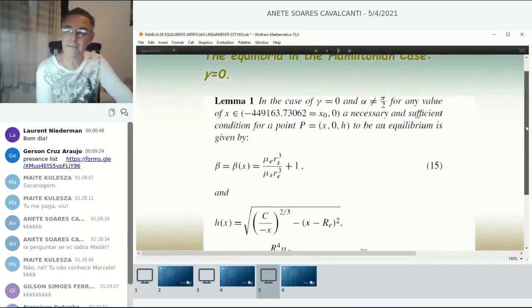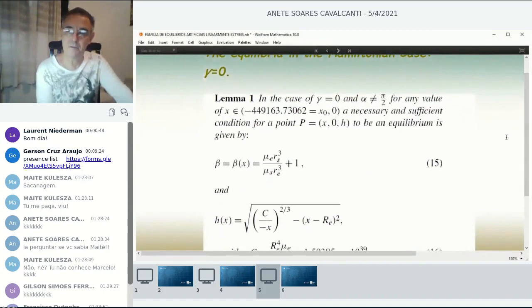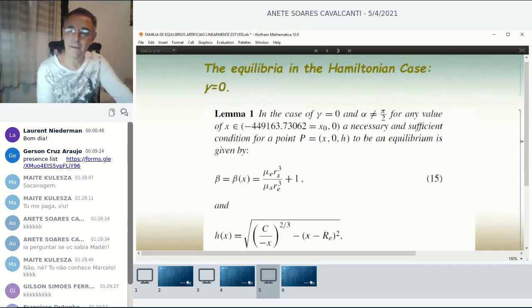Okay, the lemma 1 is the one I just mentioned before. So we are in the Hamiltonian case, and there is a limit for the values of x. I call this value x0.